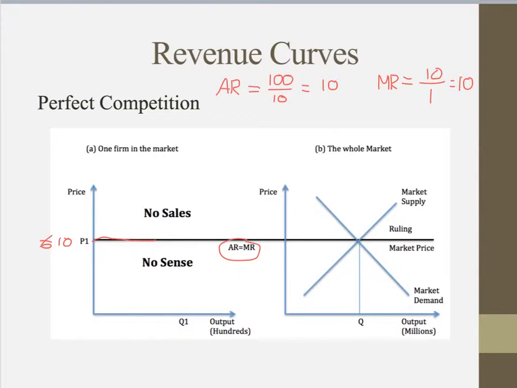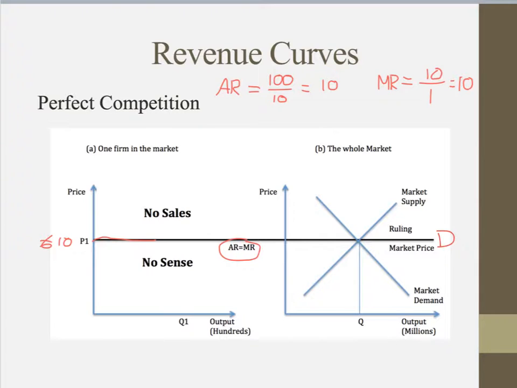And this calculation works out at every point along the line. So therefore the average revenue is equal to the marginal revenue. It can also be said that this price line is also the demand curve for this product, because in perfect competition you can sell any given amount at the ruling market price, you can clear your production line.